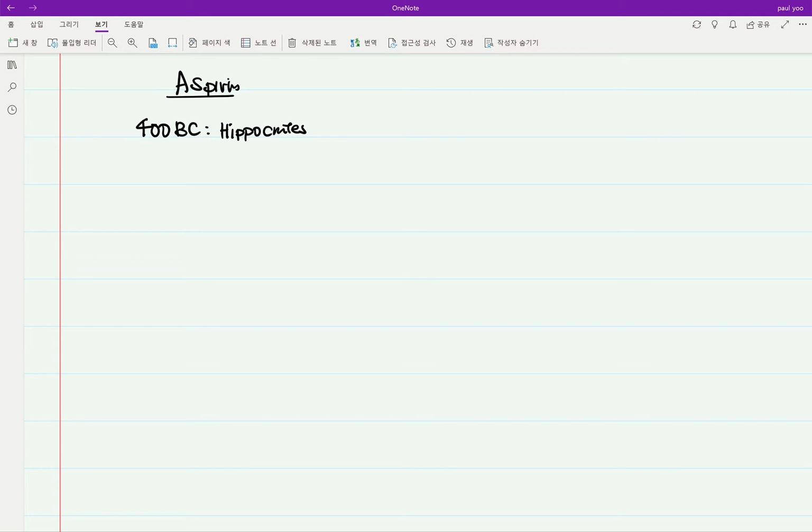Chew bark of willow tree for pain, for childbirth or eye infections.